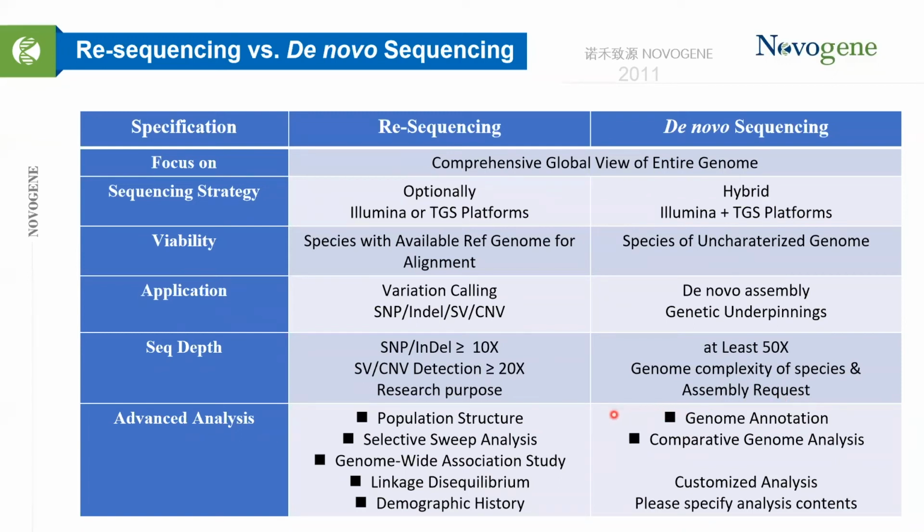And a variety of advanced analyses are also provided for both of them. If customized analysis is required, please specify it on our inquiry checklist, and we can further evaluate this with our backend bioinformatic expertise.